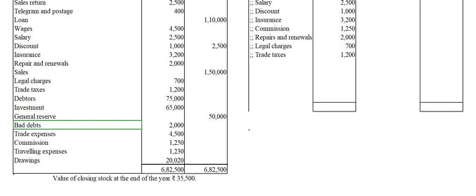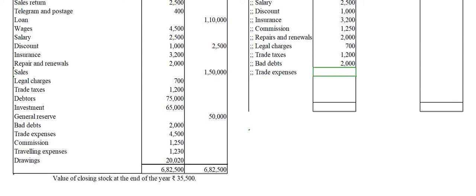Yes, here comes bad debts. Let us write bad debts here. Bad debts how much? 2000 rupees. Then after bad debts, there is trade expenses. So trade expenses can be written like this, one by one you have to consider and write, 4500.